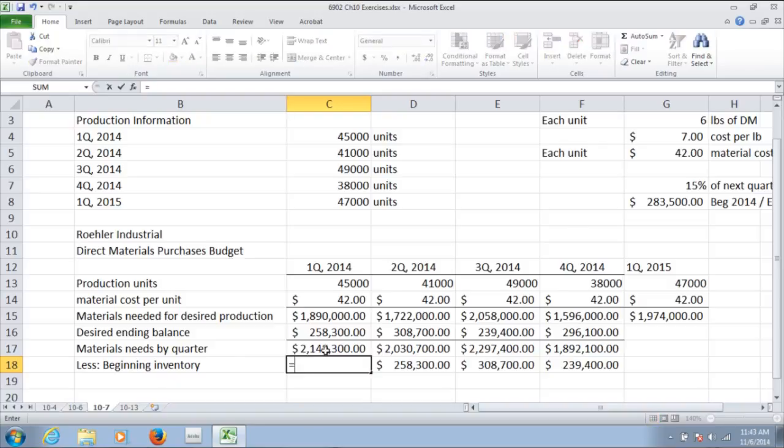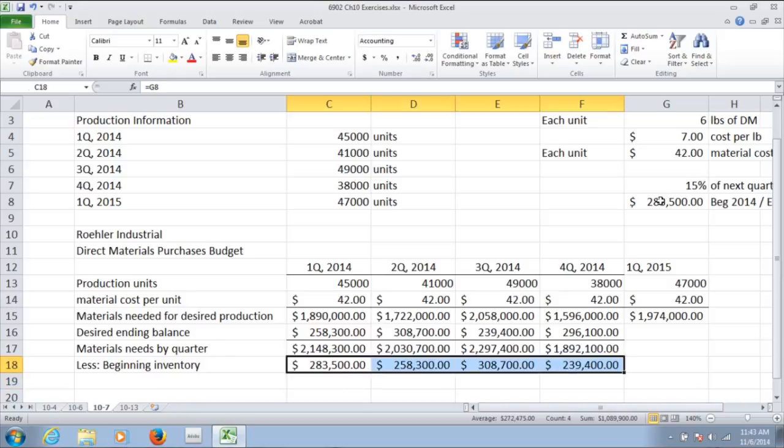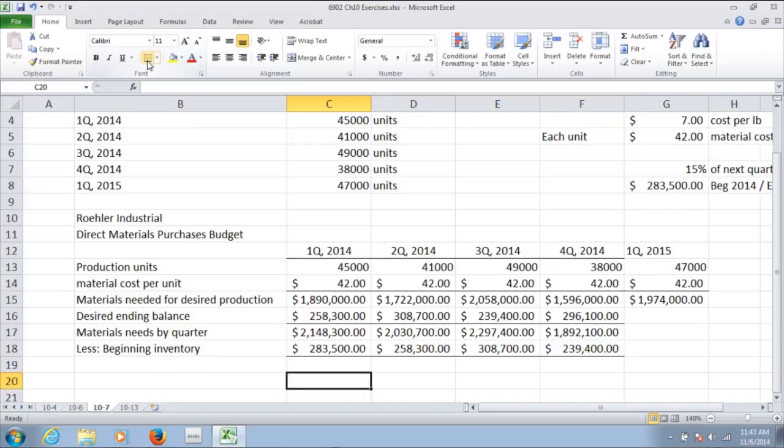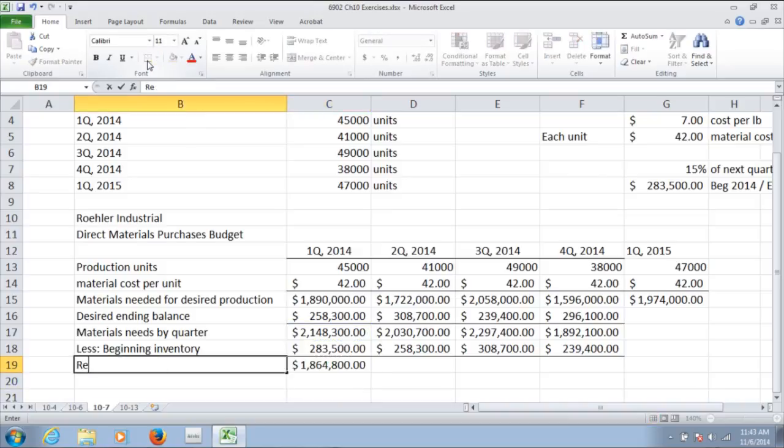I suspect we're not obeying the rule of 15%, but they give us a beginning balance to get you started on the problem, so that's why we're linking there. So similarly, we would take the needs by quarter less what was on hand at the beginning, and this gives us our required purchases.